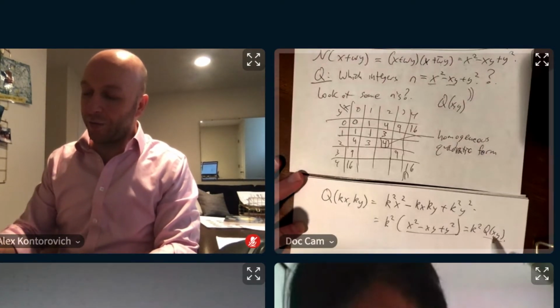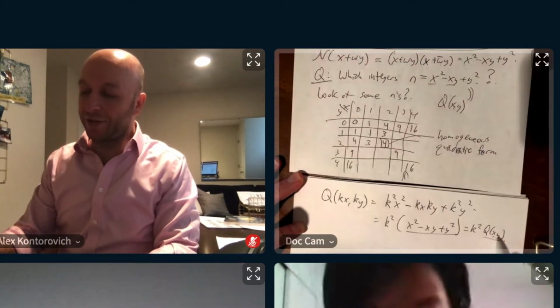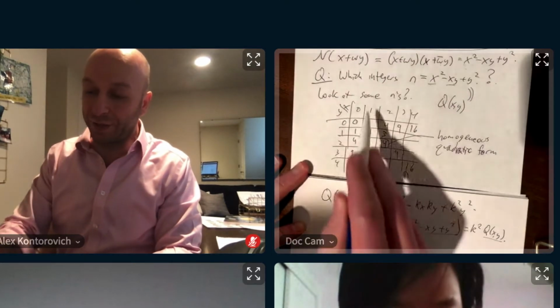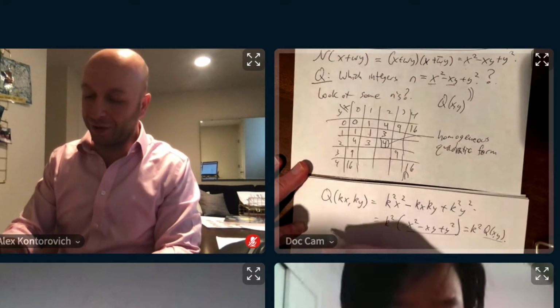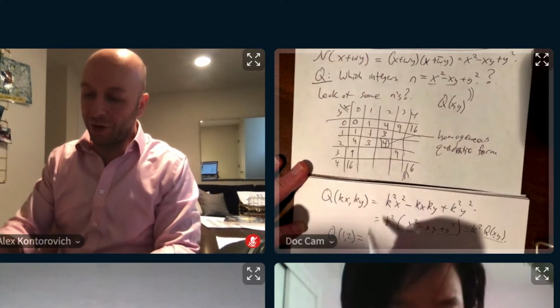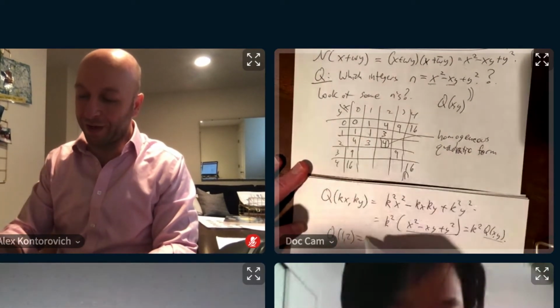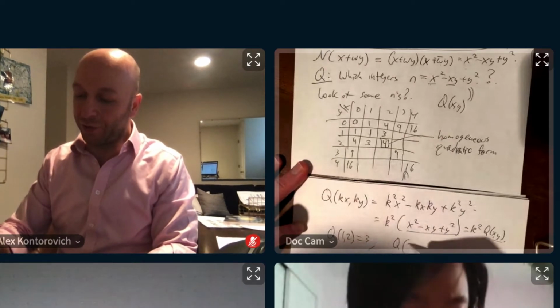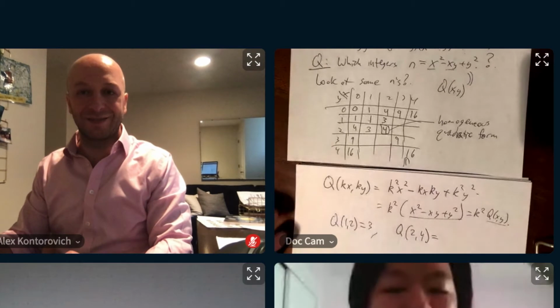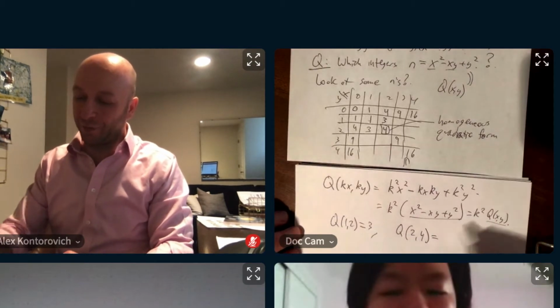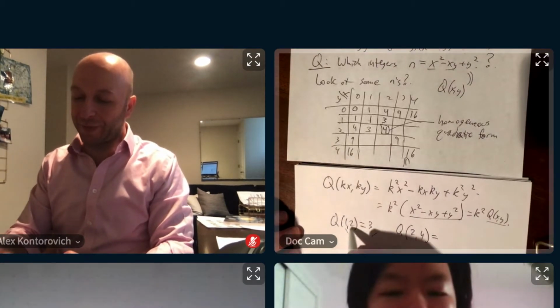So if you know the value of one of these, let's do this example. When x is 1 and y is 2, q of 1, 2 we already worked out was 3. So q of 2, 4 has to be, I multiplied each of the coefficients by 2.